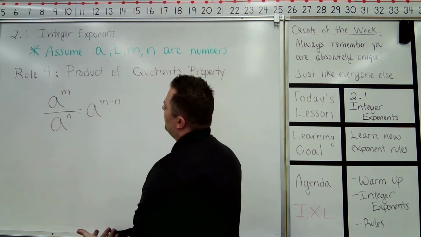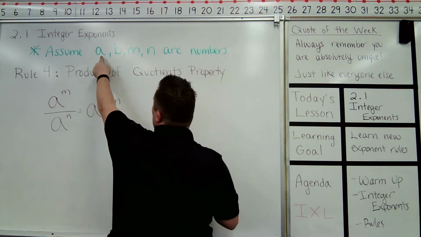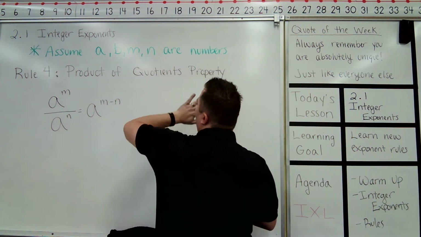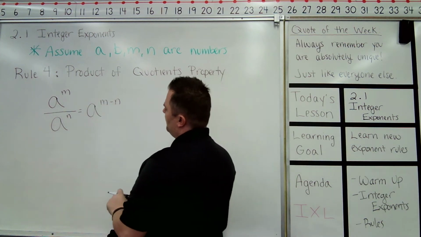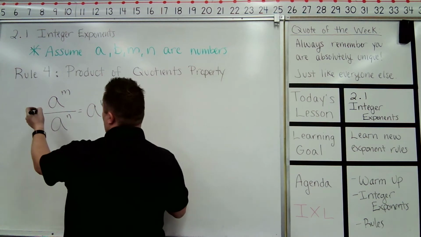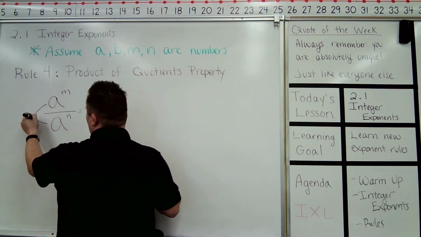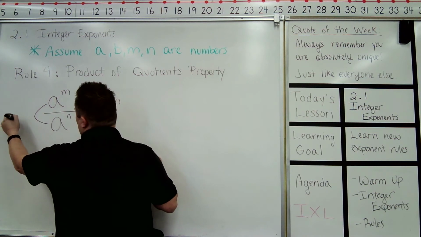Now, once again, we've used this in previous videos, but I want to restate this. When we use a, b, m, and n, we're talking about numbers. So in this illustration, we're remembering that this a and this a are the same number.